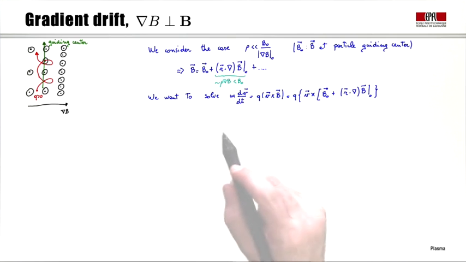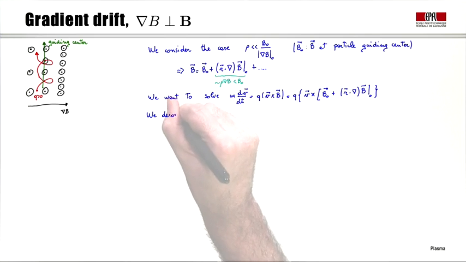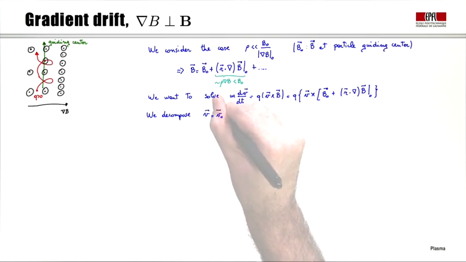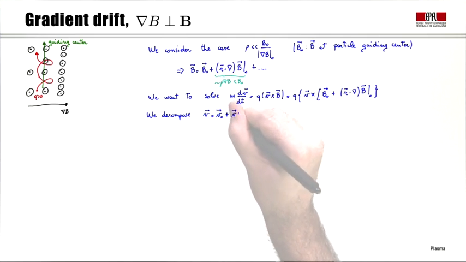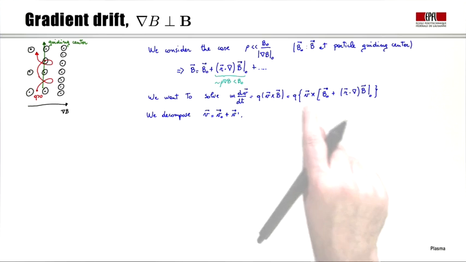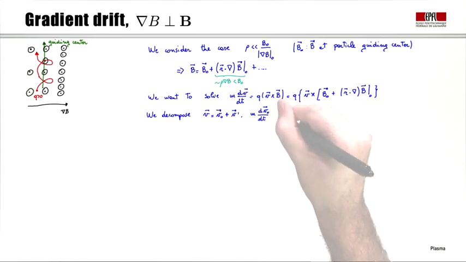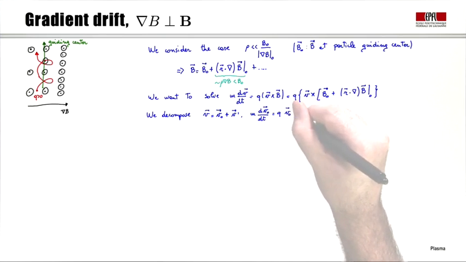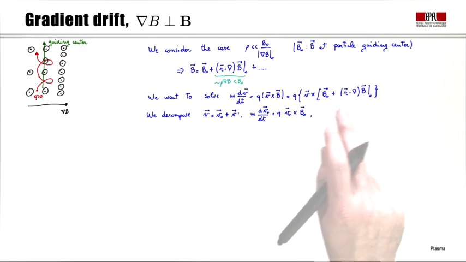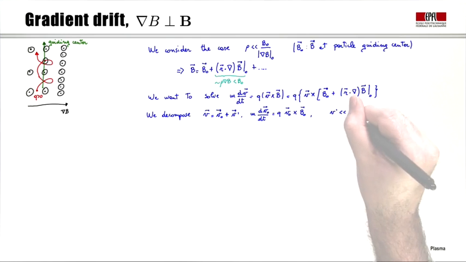Therefore, we decompose the velocity as the sum of a velocity V0 that satisfies the leading order term of this equation, the first term here, plus a perturbation V prime. As V prime takes into account this small correction, we expect that V prime will be much smaller than V0.